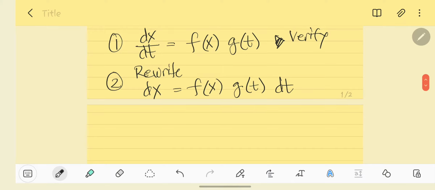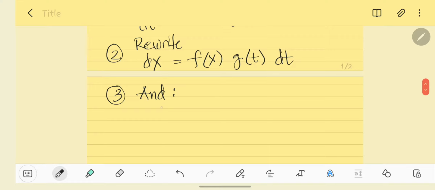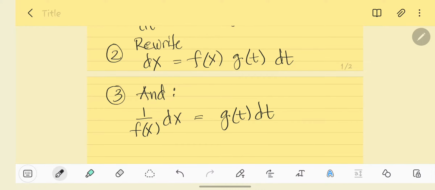So now after rewriting the equation, combine the like terms, the following like terms is x, so the equation now becomes 1 over function of x dx is equals to the function of t dt.